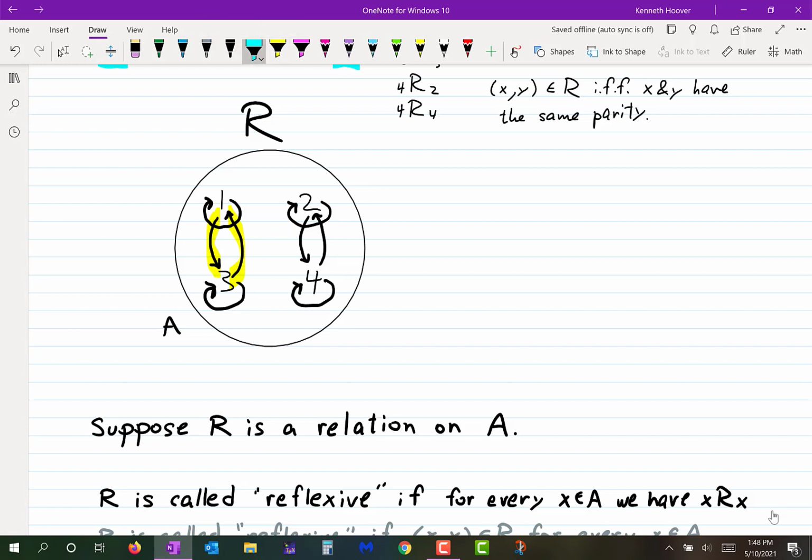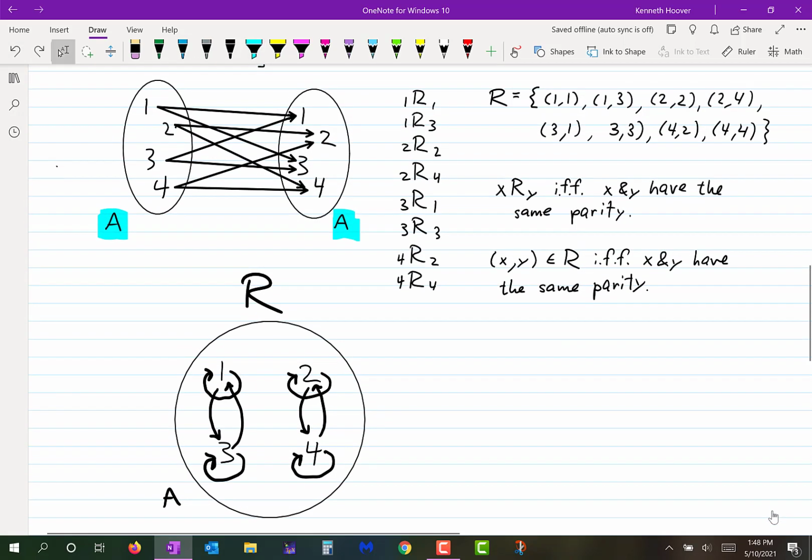The answer here is yes, I could have just gone on this arrow here. That's an example of transitivity, but the relation is only transitive if all such possibilities exist. So transitivity takes a long time to check.